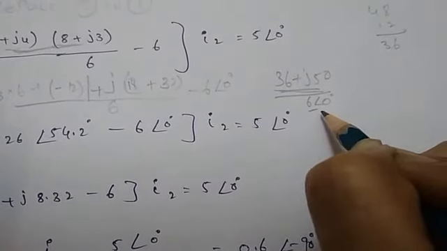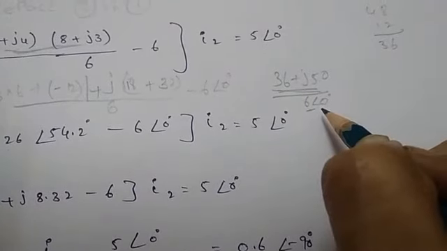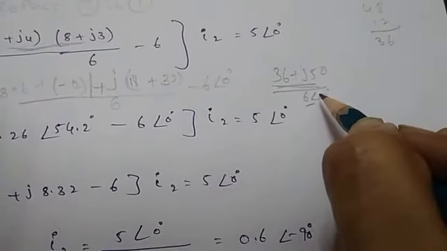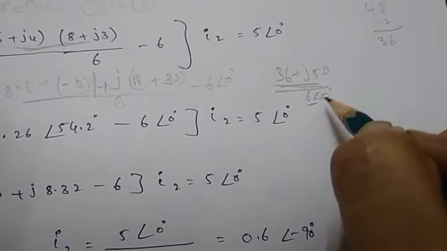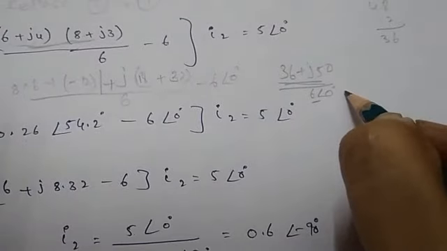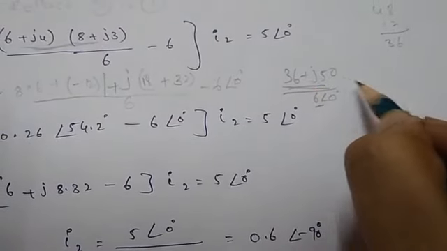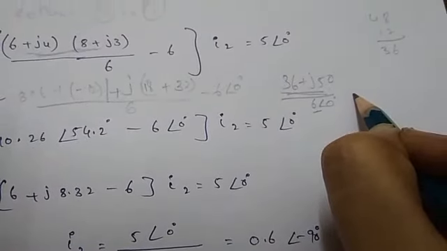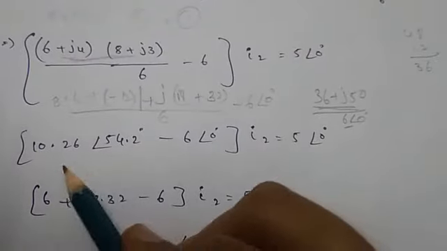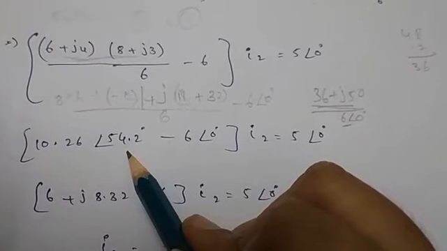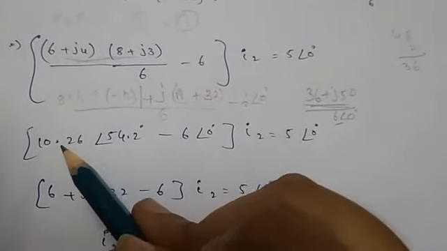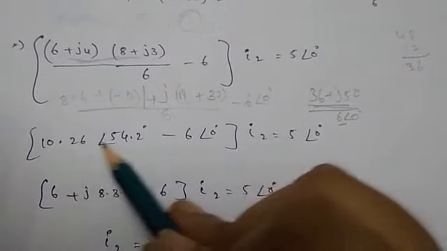When you have a single real value, it will be angle 0. If you have any negative j terms, it will be 90 degrees. Once I calculate this in angle form and perform the division, this is the value in terms of magnitude and theta.